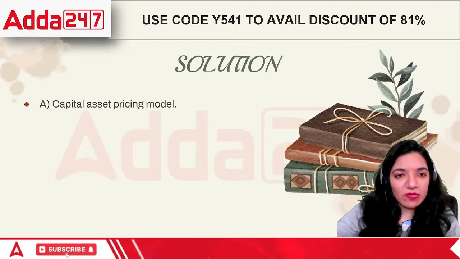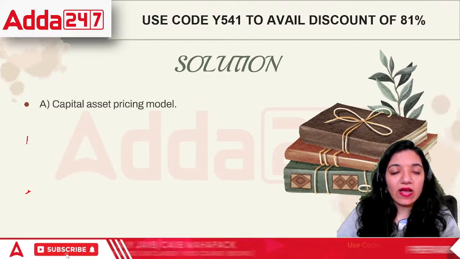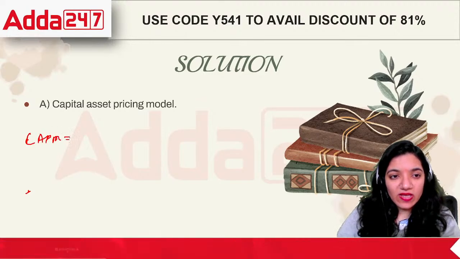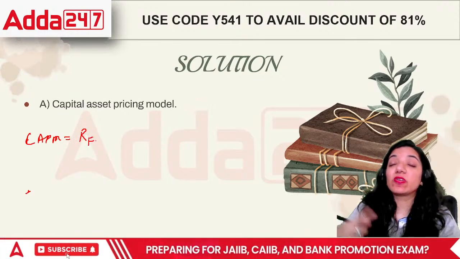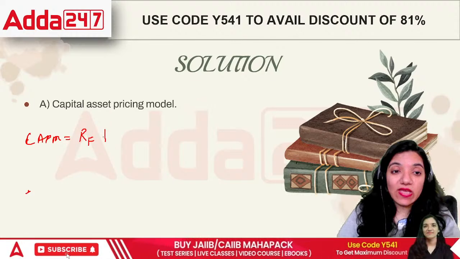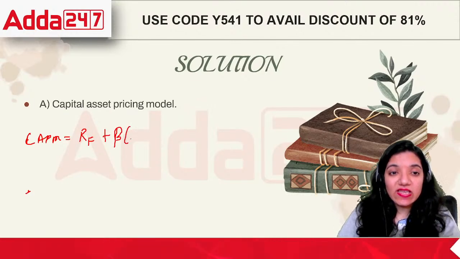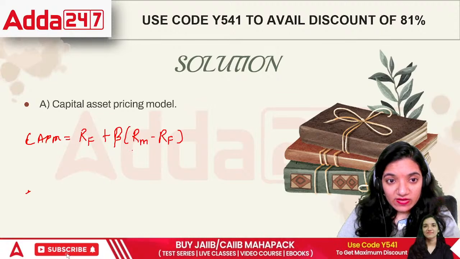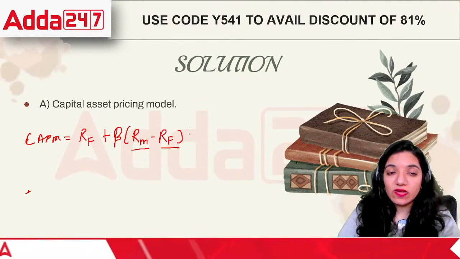The formula is R equals RF, the risk-free rate of return of that particular security, plus beta, which is the sensitivity, times RM minus RF, that is the return of the market minus the risk-free rate of return.